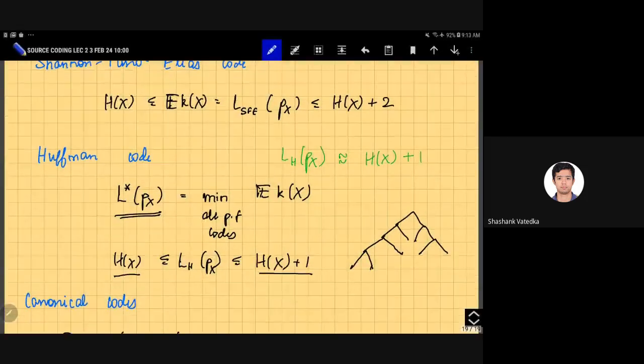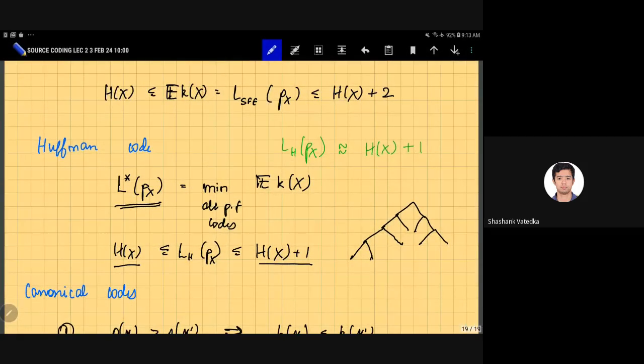Yeah, so Shrikar has an example, very good. Exactly as you observed, we can achieve an expected length of H of X when the source is dyadic, so the closer the source is to being dyadic, the closer you are to the optimal rate of entropy.